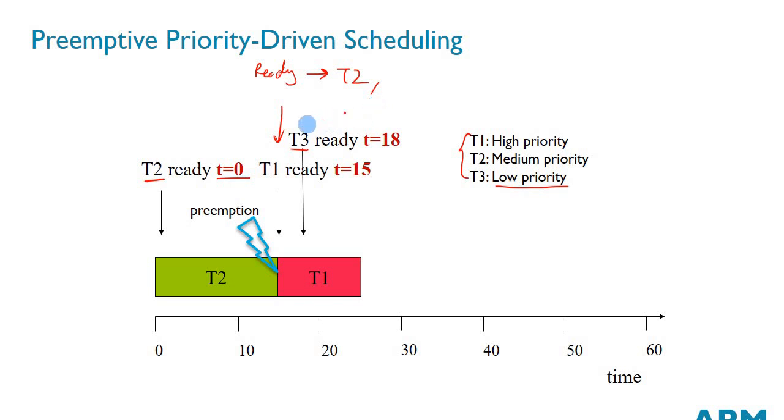Then at this point, T3 joins the queue, and it joins behind because T3 is lower priority. Of course, if it was the same priority, it would still be scheduled after T2 because T2 became ready first. So T3 comes after T2, and T2 will have to complete after T1 gives up the CPU.